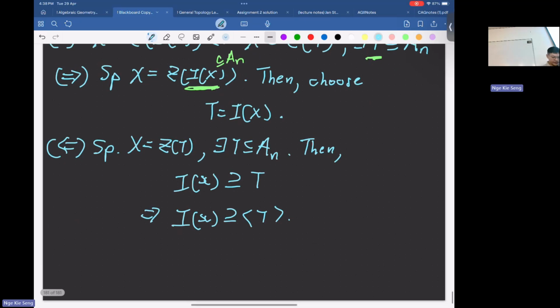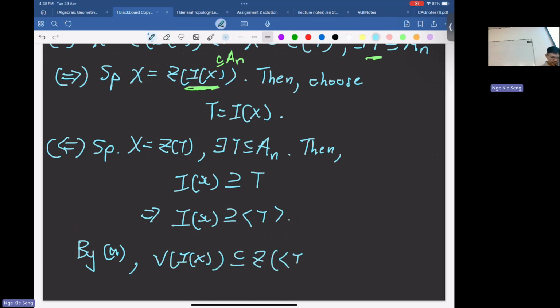We use the previous lemma, right? Do we call it proposition or lemma? Proposition, right? So by part A, what do you have here? Z of Ix is contained in Z of the ideal generated by T, but obviously this equals Z of T, and Z of T is just X. So we produce the other direction.